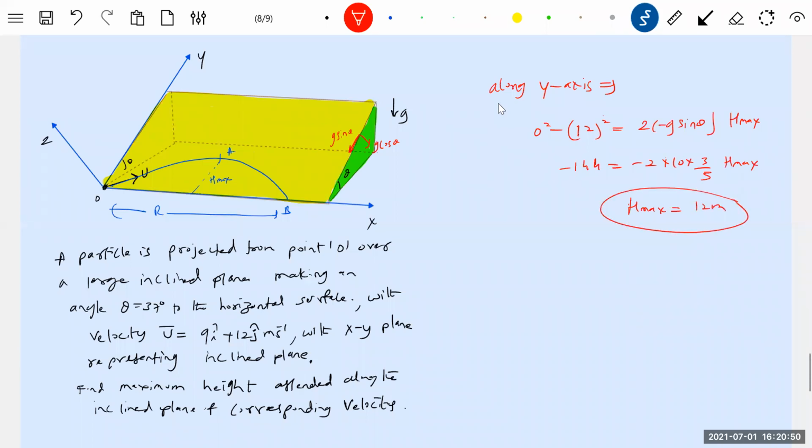The answer is in meters, measured along the incline. From the ground, you can measure it by taking Pythagoras theorem and working it out.